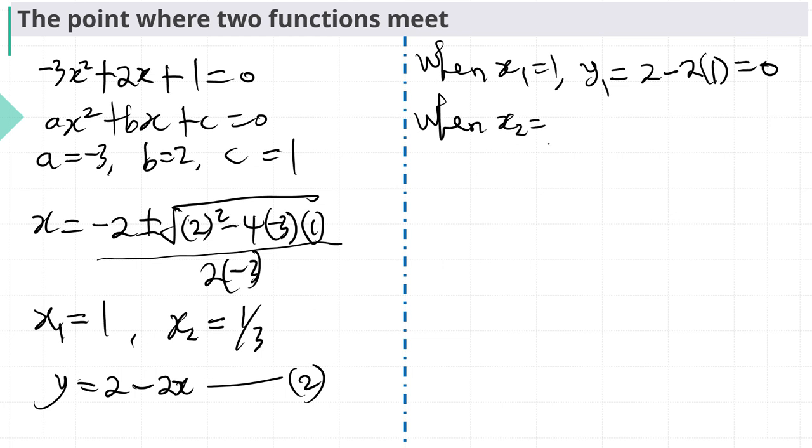When s2 is minus 1 out of 3, y2 is going to be 2 minus 2 multiplied by the s value, minus 1 out of 3. This gives 4 out of 3.